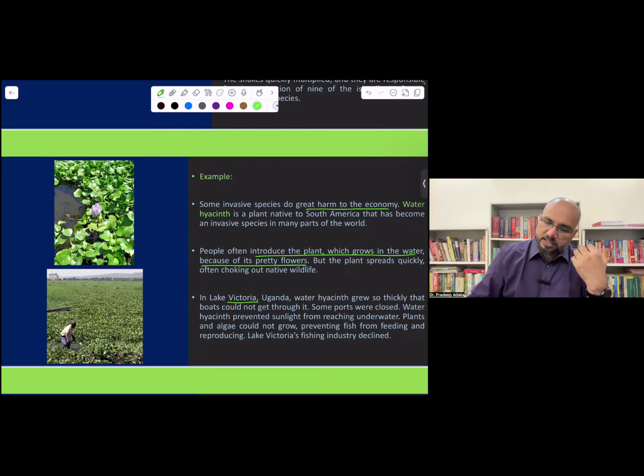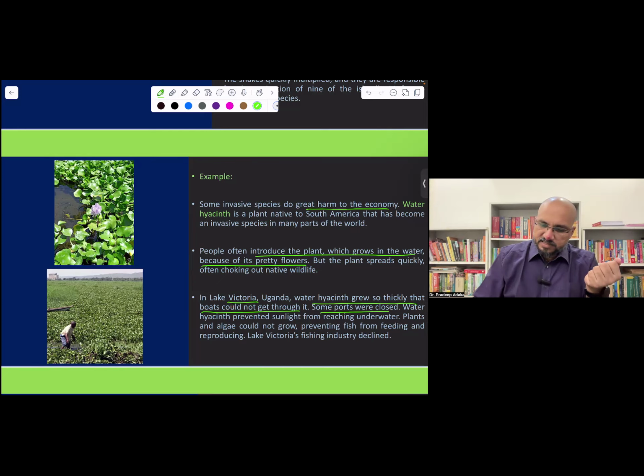So water hyacinth grew so thickly that the boats could not get through it. So navigation was not possible. The motor at the back got stuck in these stems and navigation was not possible. The boats could not move through the water. In some cases, some ports were also closed.